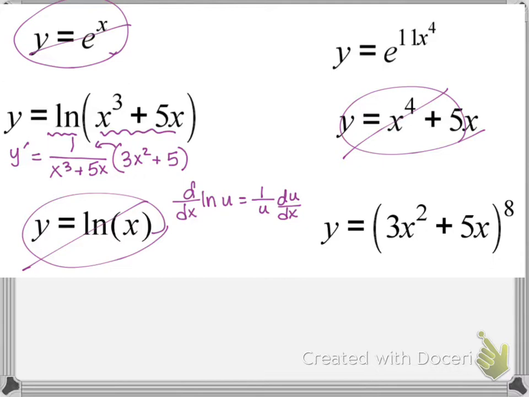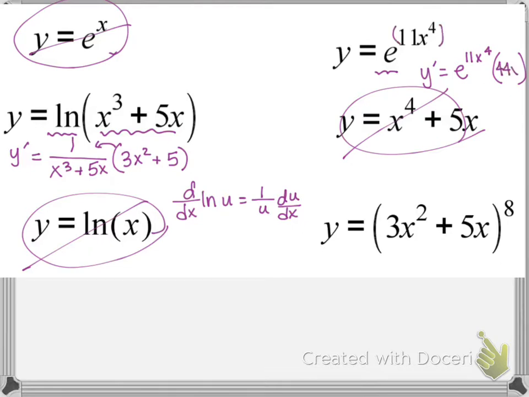Okay, the top one here, y equals e to the 11x to the 4th. So to take the derivative of this, we take the derivative of e first, e to a power. The derivative of e to a power is e to that power times the derivative of the power. So now we differentiate the inner function, and this is our inner function.